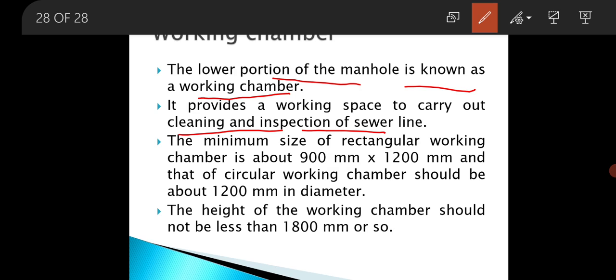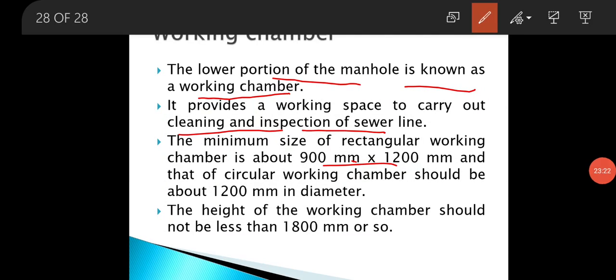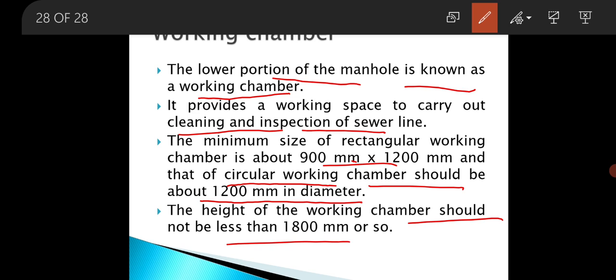Generally, the minimum size of rectangular working chamber is about 900 mm to 1200 mm, and in case of circular working chamber it should be about 1200 mm in diameter, and the height of the working chamber is not less than 1800 mm.